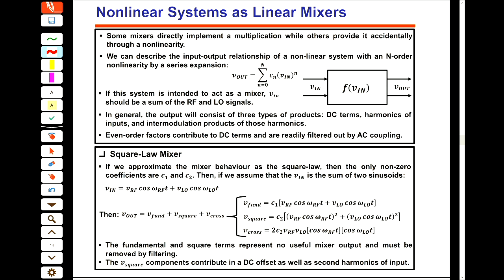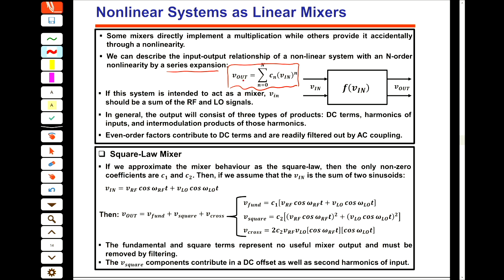So as I said, we can do the mixing in two ways. One with a nonlinear system, and one with a linear but time-varying system. So for a nonlinear system, we can write the function as this. This is what we get from the Taylor, or from the series expansion of a nonlinear system.